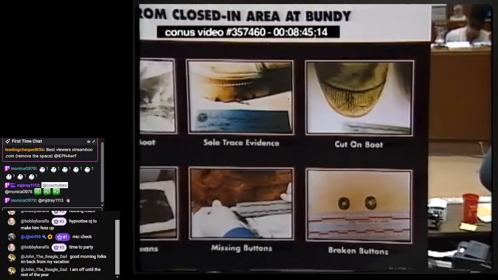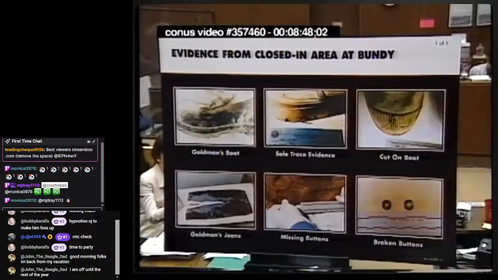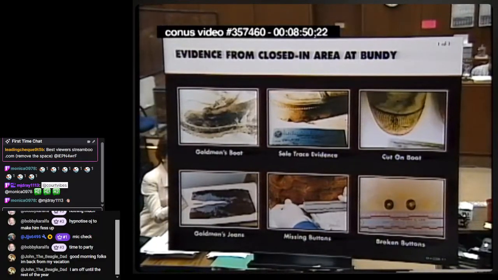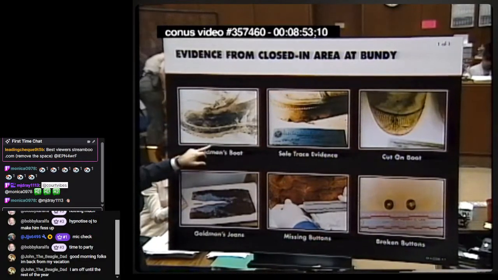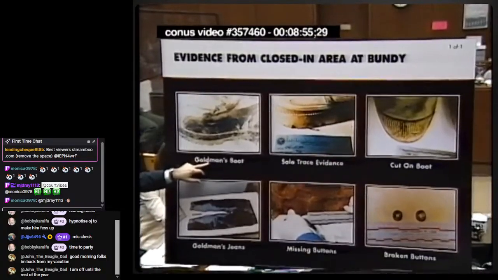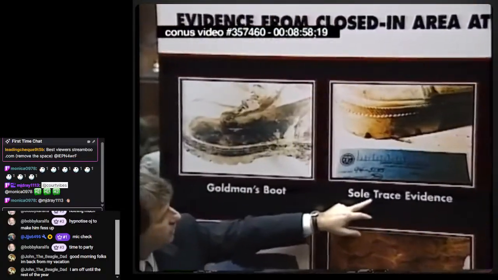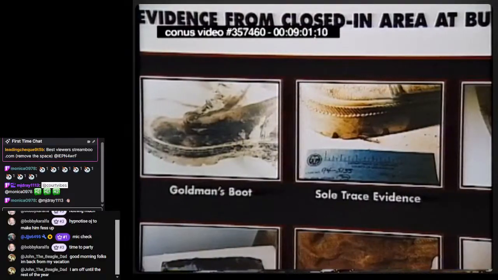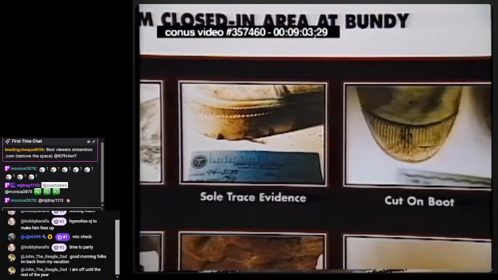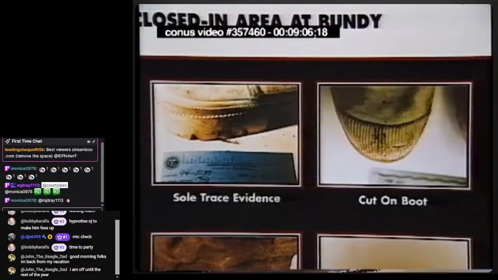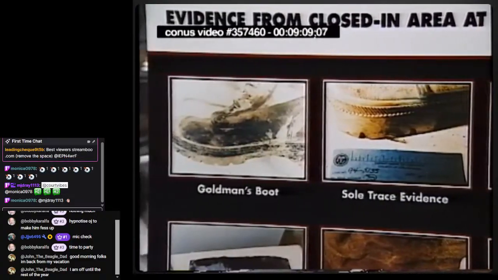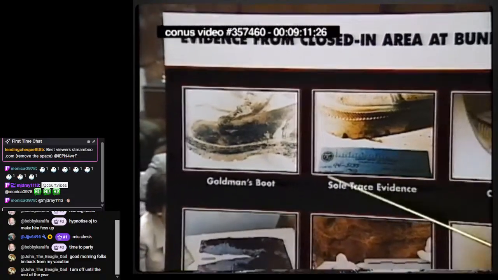Now, Dr. Lee, I call your attention to the photographs in the top row depicting first Mr. Goldman's boots and secondly the sole trace evidence. What are these photos? This board consists of a composite of 6.